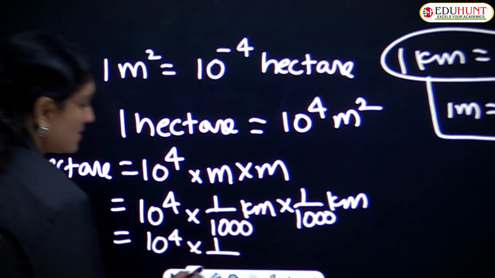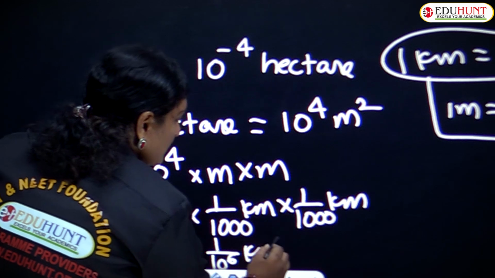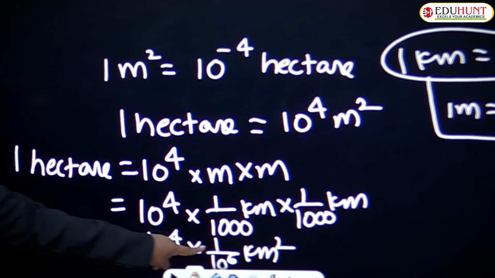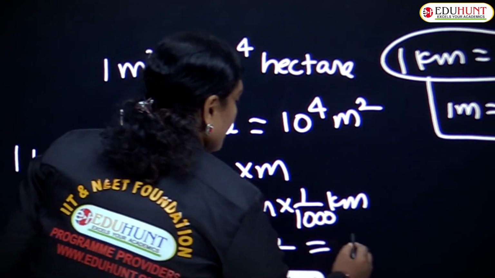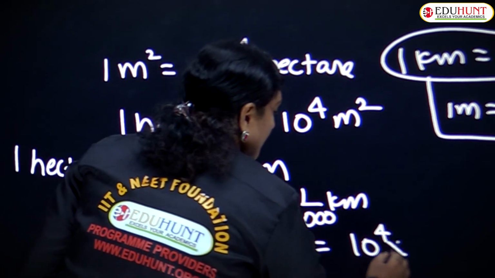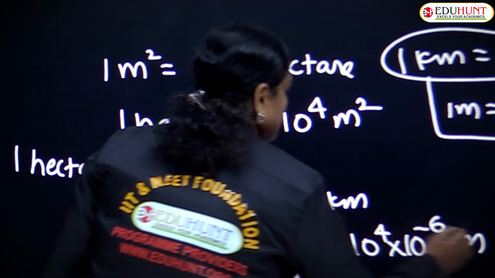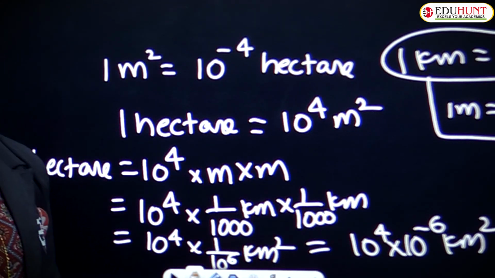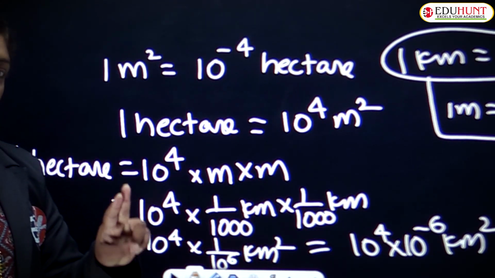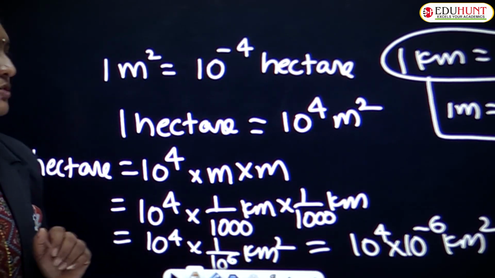Totally how many zeros? 6 zeros. 10 power 6 kilometer square. This 10 power 6, if you carry upwards, will become minus 6. So your answer would be 10 power 4 into 10 power minus 6 kilometer square. 4 minus 6 is minus 2.